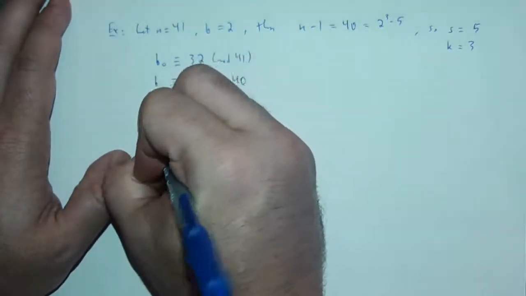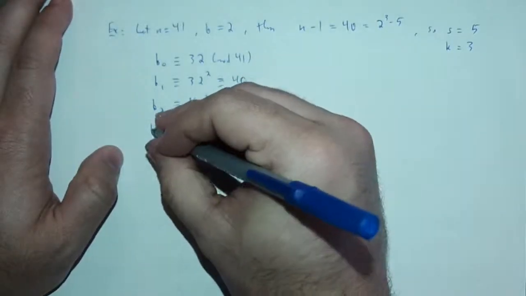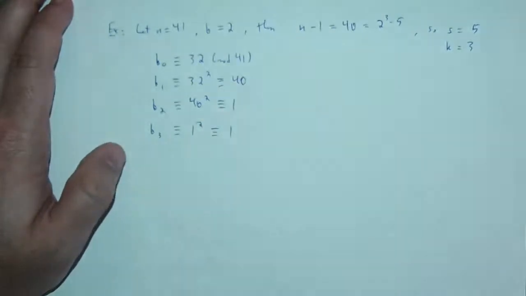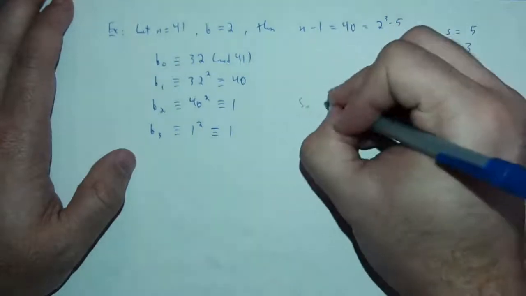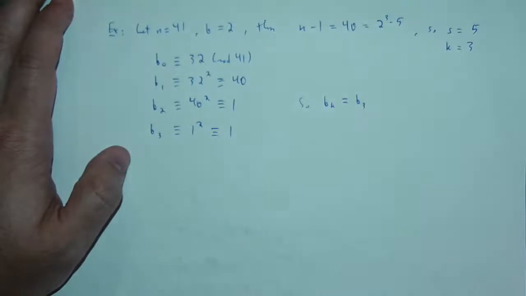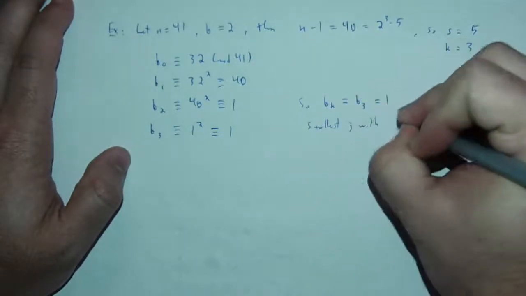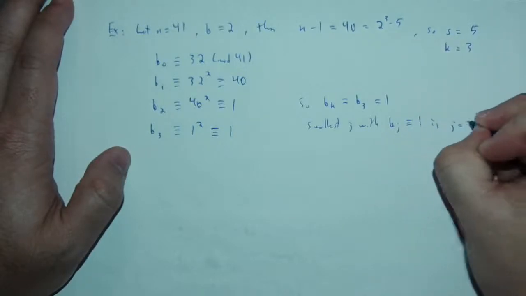And then b sub 3 is 1 squared, which is also 1 mod 41. So b sub k is b sub 3, which is 1. Smallest j with b sub j congruent to 1 is j equals 2.